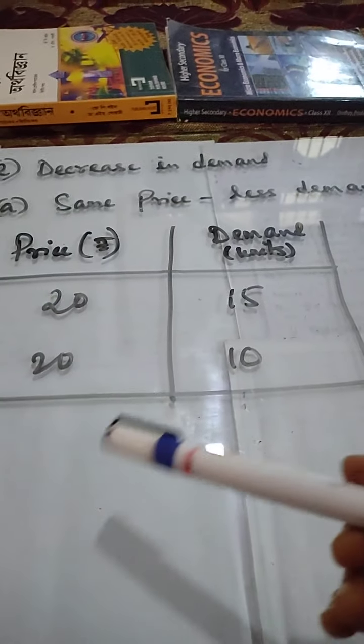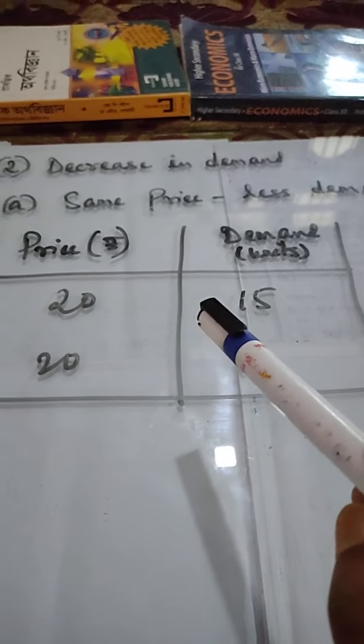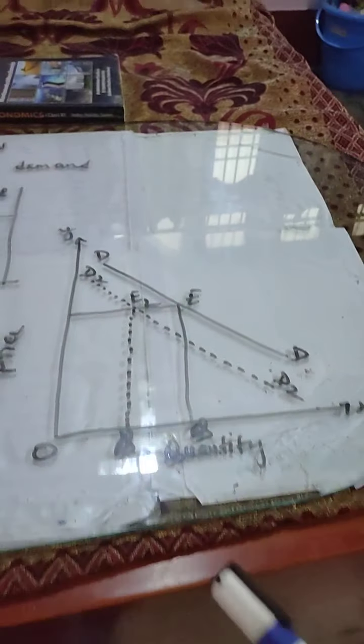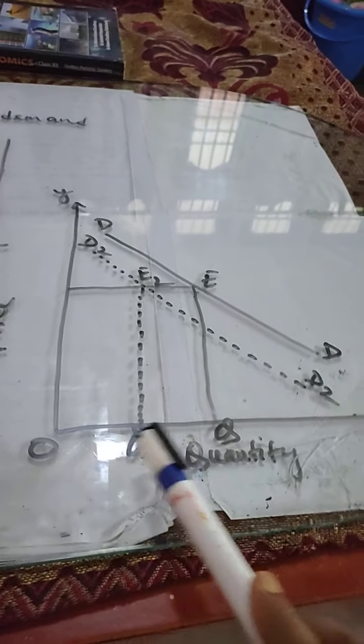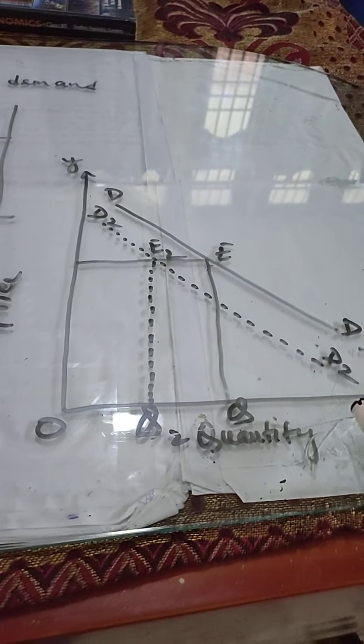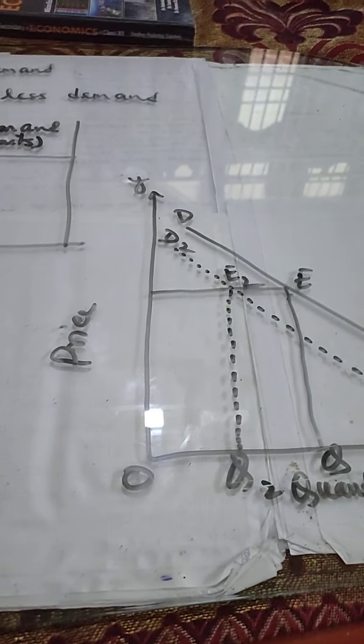So these are the factors that are responsible for a decline in the demand for a commodity, and this situation can also be shown with the help of this diagram. You see again there are two axes, the OX axis measuring quantity demanded, and the OY axis measuring price of the commodity.